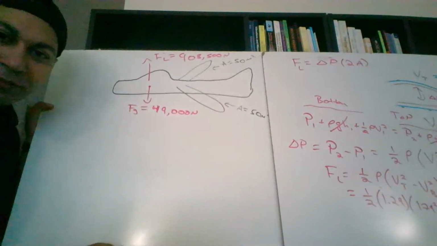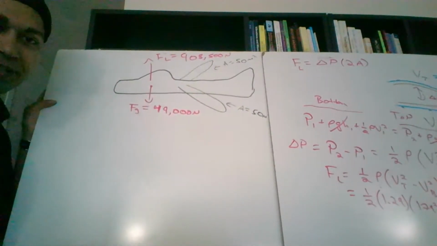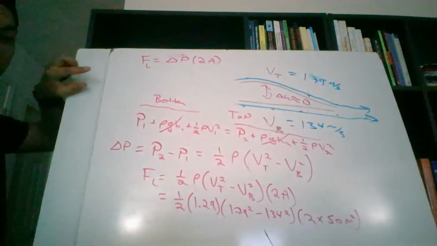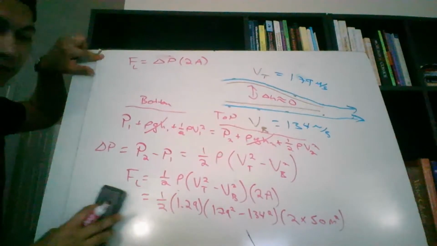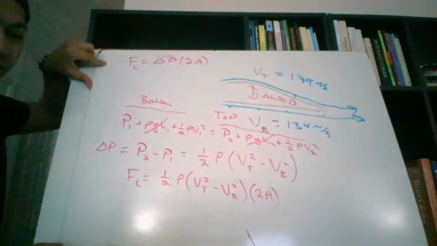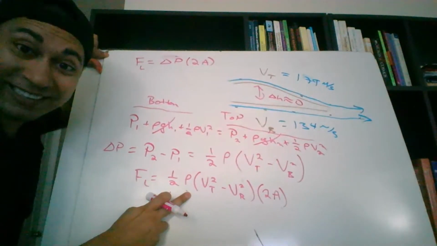But I want to show you something really interesting that we get from this equation here that I don't know if you missed. Look at this equation right here for the lift force. Without the lift force, you can't fly. The lift force depends on the density of air.